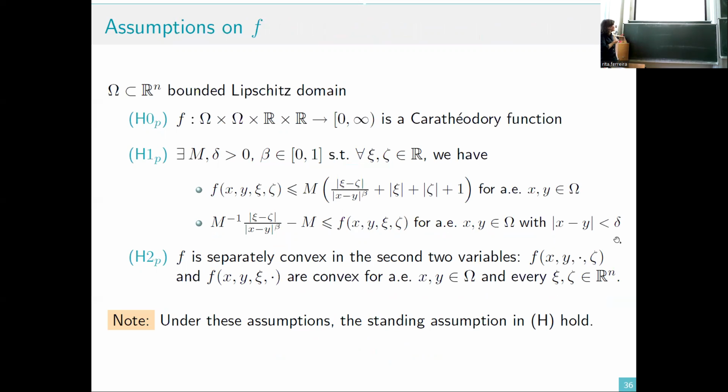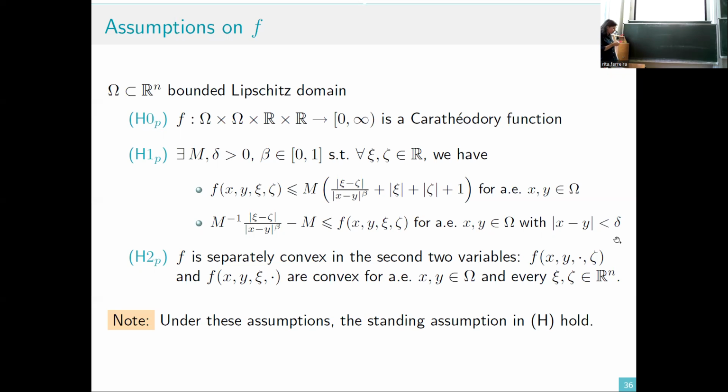In this case, we are assuming that f is a Carathéodory function, so measurable in the first two variables, continuous in the second two. We have a certain growth from above and below. I'm not going into the details. And we are also assuming that f is separately convex in the two last variables. So you fix one, it is convex in the other one, and vice versa.